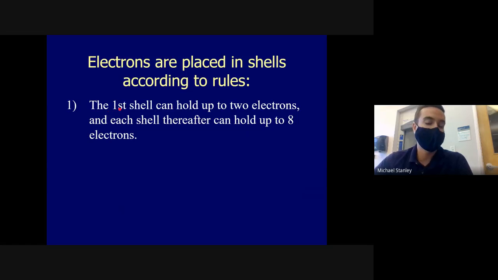So the first electron shell can hold 2 electrons. And then the ones after that can hold up to 8. So the second shell can hold 8. The third shell can hold 8. We didn't really talk about any bigger shells, but I think those can hold 8 as well. So the first one is 2, and the rest of them are 8.